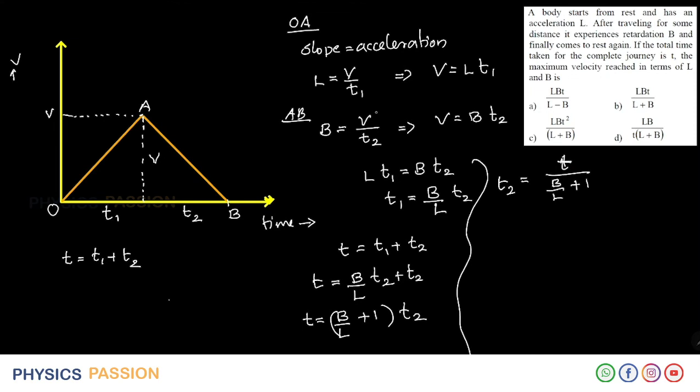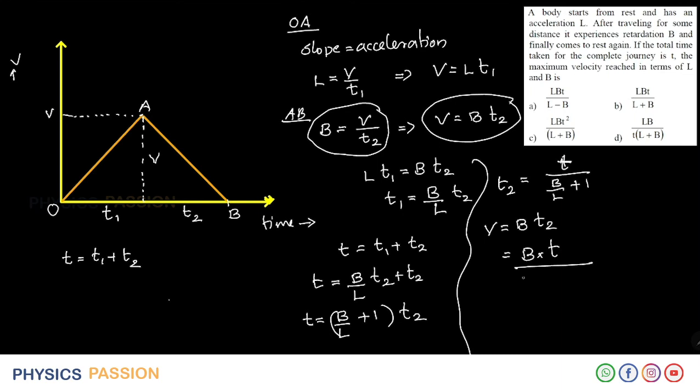Now look at this result: V is equal to B into t2. Substitute the value of t2 here. So we get B into t divided by (B by L plus 1), which is equal to Bt divided by, taking L as LCM, (B plus L) by L. The L goes up.